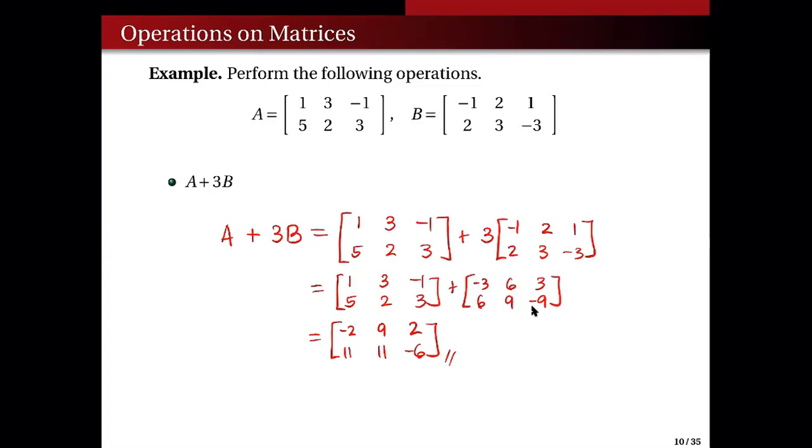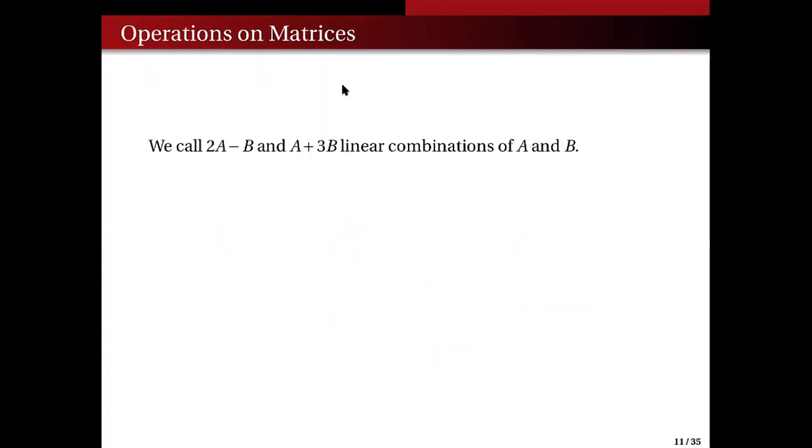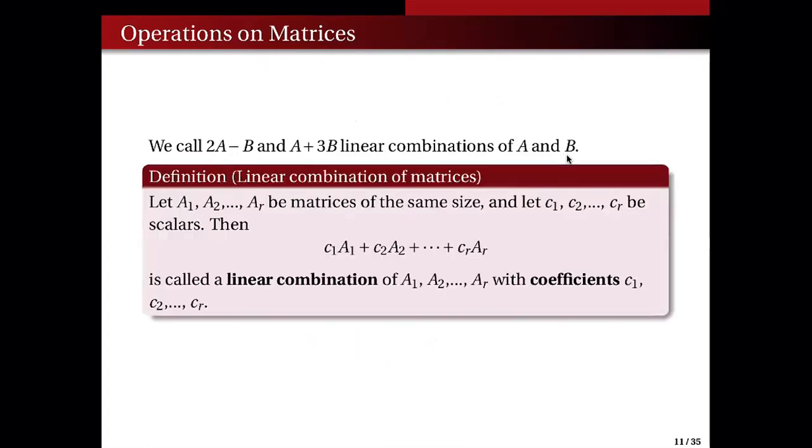Now, this A plus 3B and 2A minus B, they are called linear combinations of A and B. Okay? They are called linear combinations of A and B. And in general, if you have A1, A2 until AR, these are matrices of the same size.